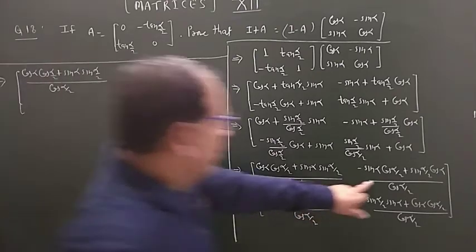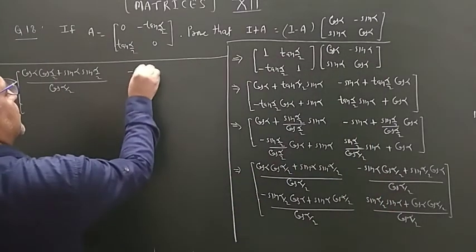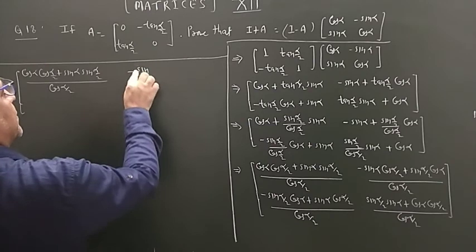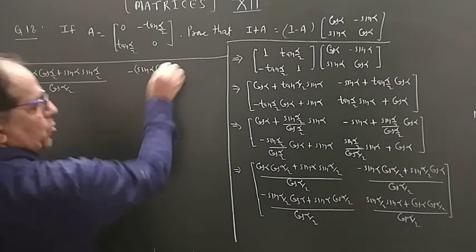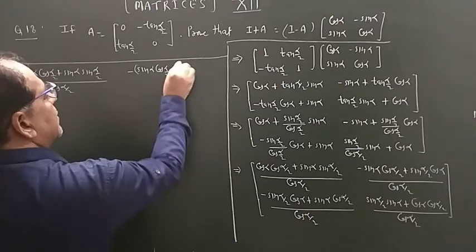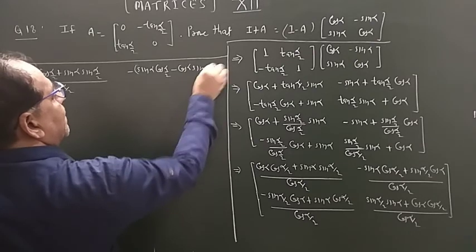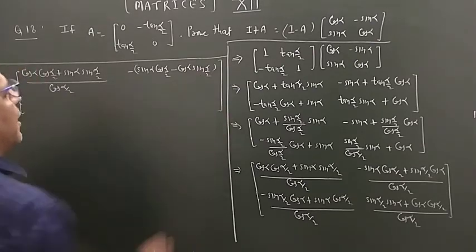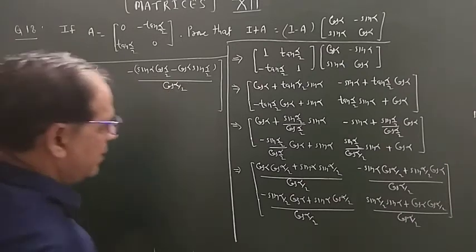Here if we take common minus, so we have sin alpha cos alpha by 2 minus cos alpha sin alpha by 2, upon cos alpha by 2.